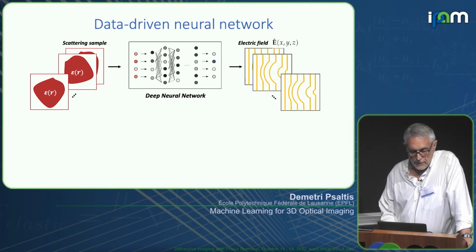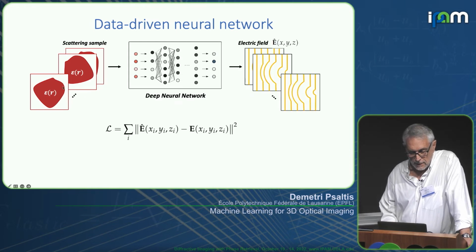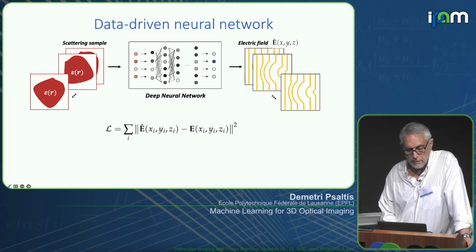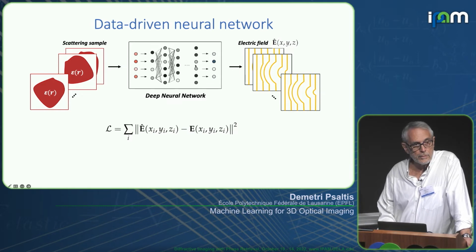So this is what I described here. You have a deep neural network, and if you could have the network predict the field, this would be E hat, and you have some ground truth of what the field should look like for this index distribution, you can do normal training of some sort of network to do the job.